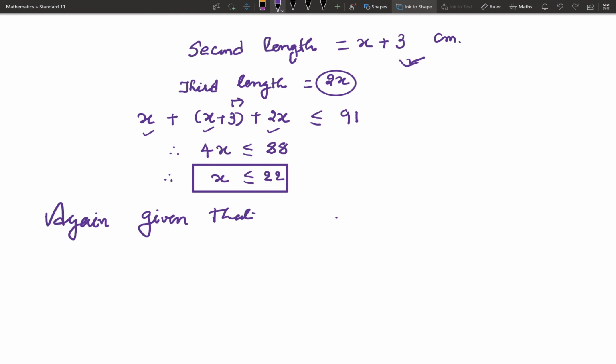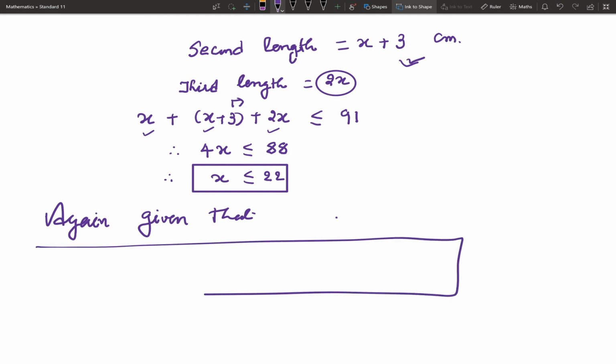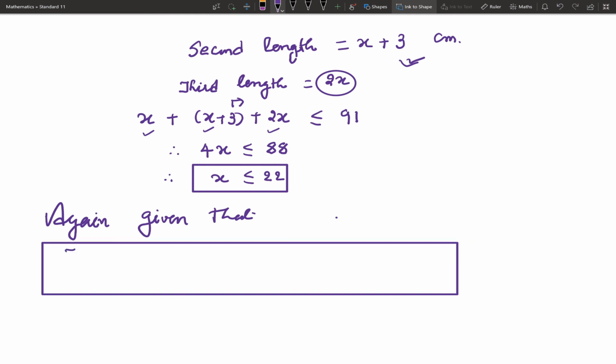Focus on this: the third piece is to be at least 5 centimeter longer than the second.